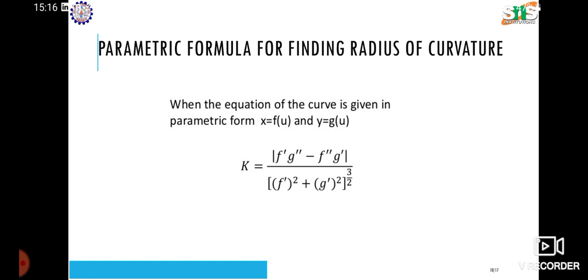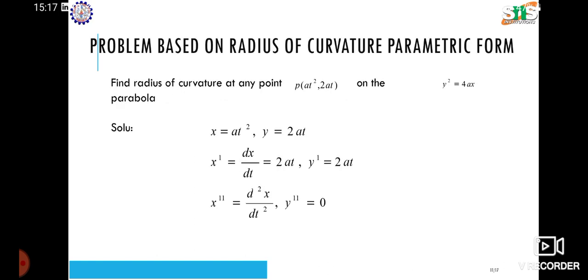In the same way we have the formula for finding radius of curvature in parametric form. When the equation of the curve is given in the parametric form, that is x equal to f of u and y equal to g of u, then we have to go for this formula. Find the radius of curvature at any point on y square equal to 4ax.